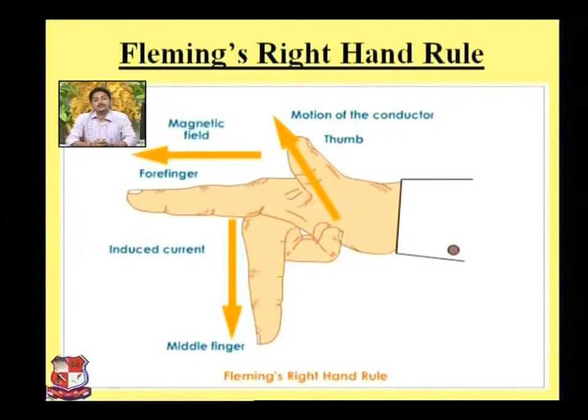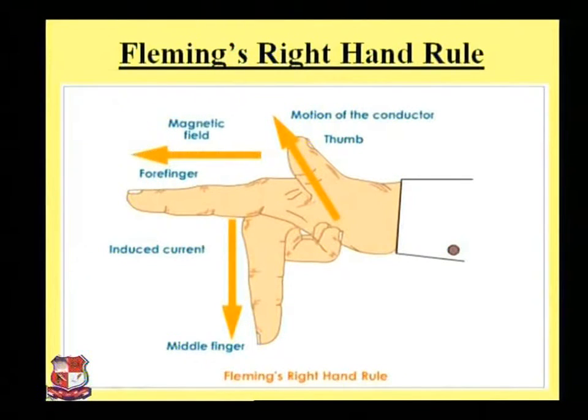So this is the Fleming's right hand rule, to find out the direction of the induced current in a magnetic field, whenever you put the current carrying conductor into the magnetic field. Now just go through one video which can easily identify the direction of the induced current.